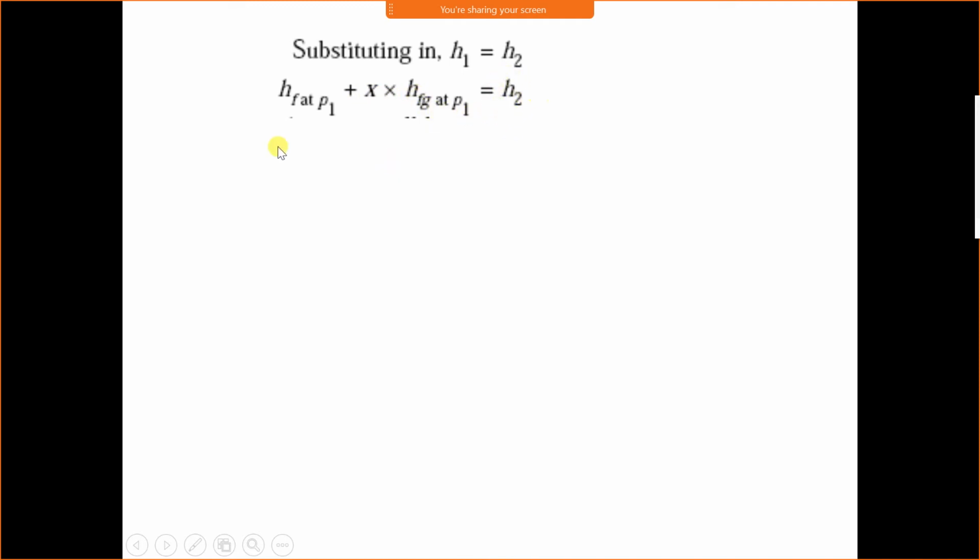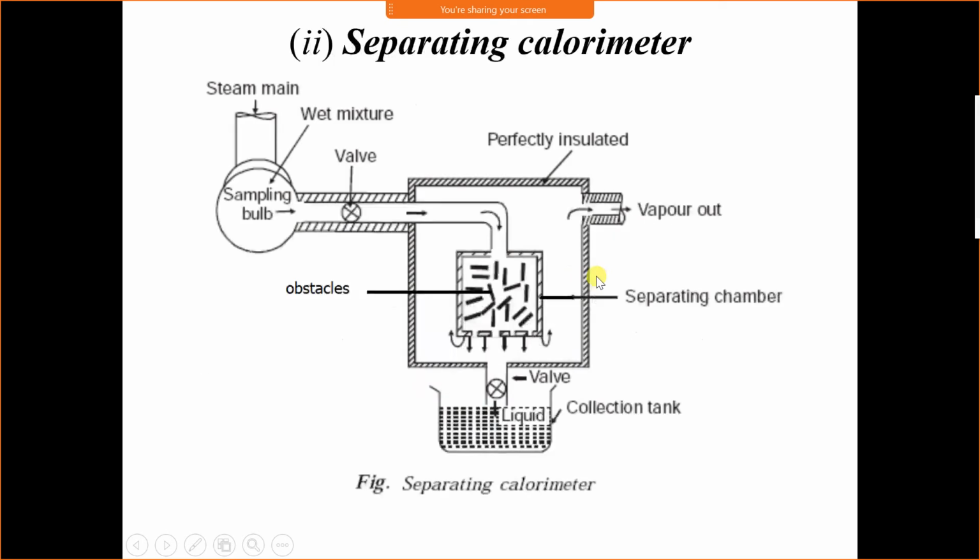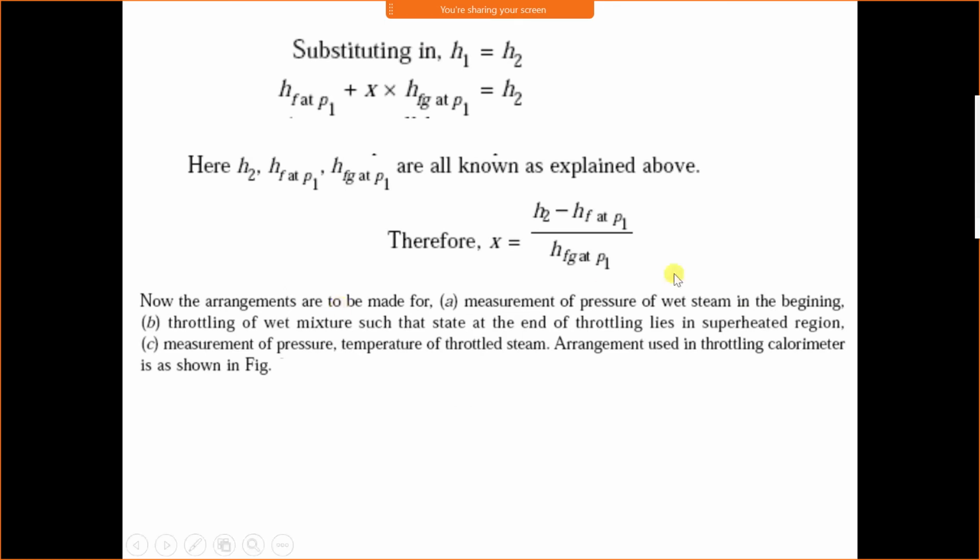We know all these values. Only X is unknown. Therefore we can calculate the value of X as X is equal to H2 minus HF at P1 upon HFG at P1. This is the formula to calculate the dryness fraction of wet steam using a throttling calorimeter.